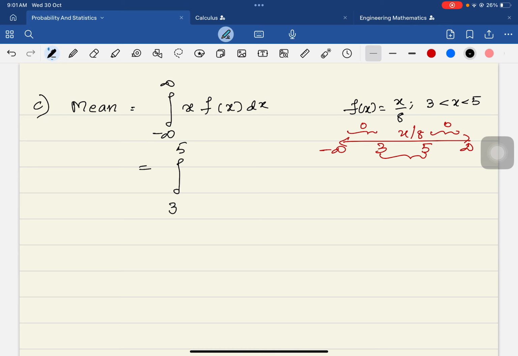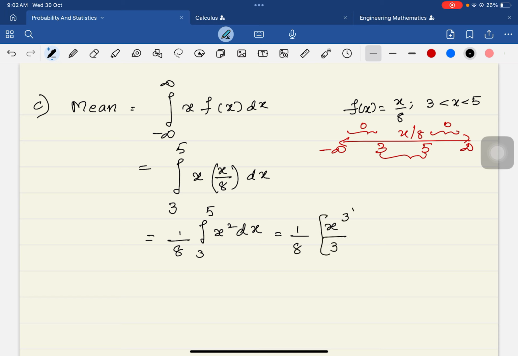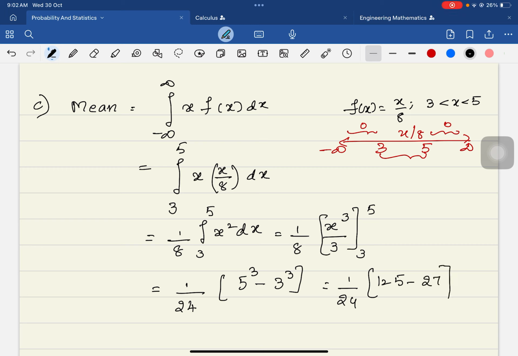So now x times f of x is x over 8 dx. That gives you 1 by 8, take it outside, the integral of x square dx from 3 to 5. So that is 1 over 8 times the integral of x square, which is x cube by 3, within the limits 3 to 5. That gives you 1 over 24 times 5 cube, the upper limit, minus the lower limit, so 1 over 24 times 125 minus 27.